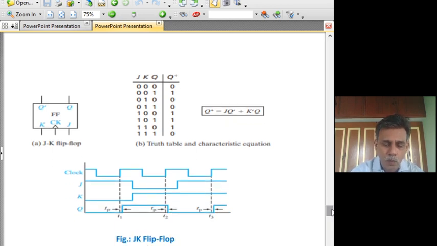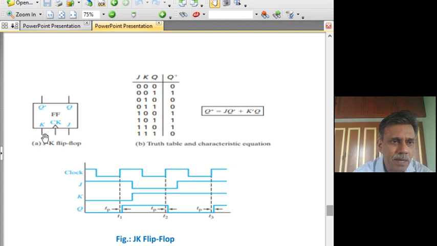Before that, we will quickly see how this JK flip-flop can be symbolically represented, number one. Number two, what will be the truth table of it and the characteristic equation. And to understand the functionality of this edge-triggered JK flip-flop, we will look at a timing diagram also.